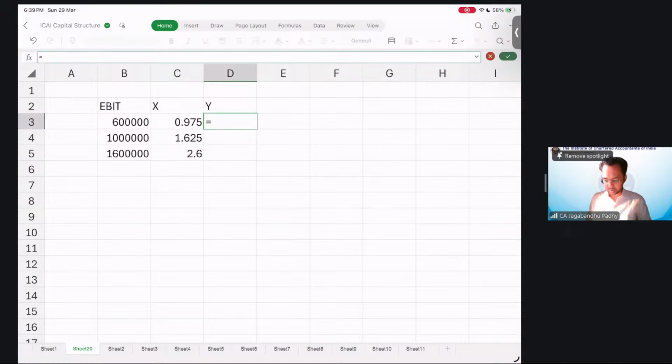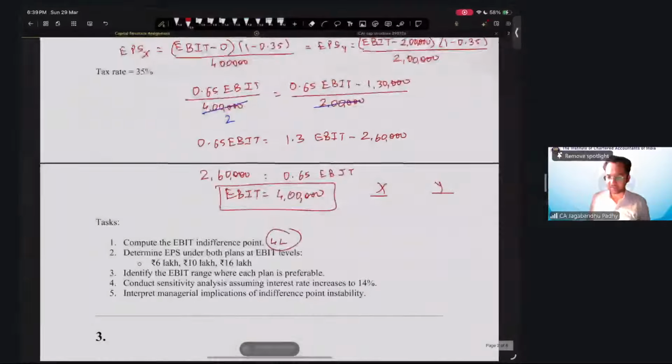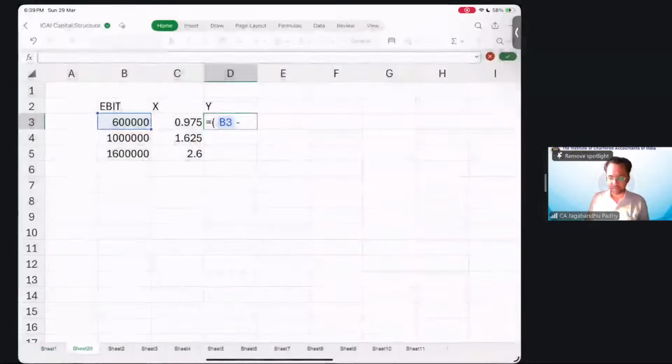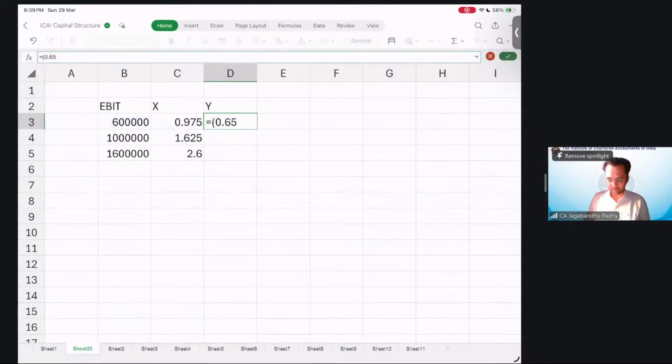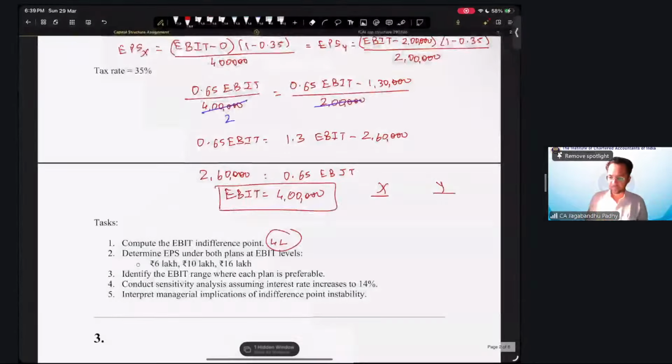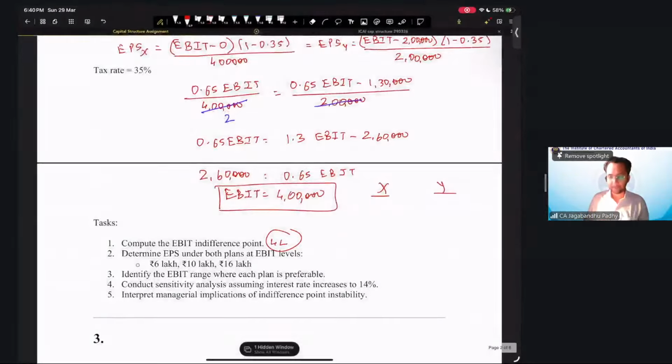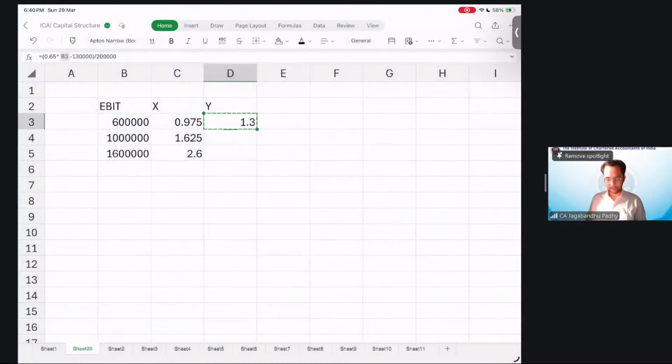For plan Y, it is 0.65 into EBIT minus 1,30,000, divided by number of shares, which is 2 lakh. We can see these are the values of EPS that we are getting.